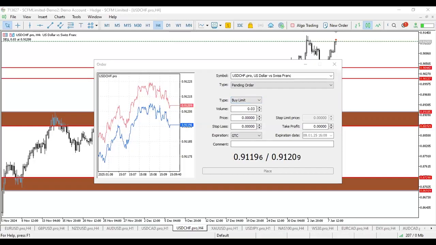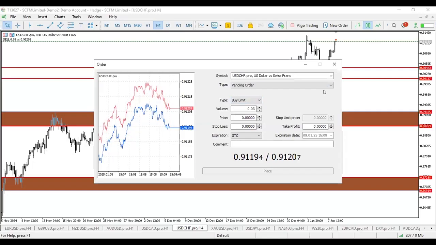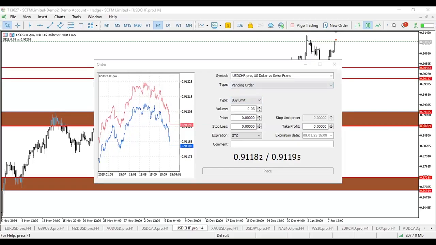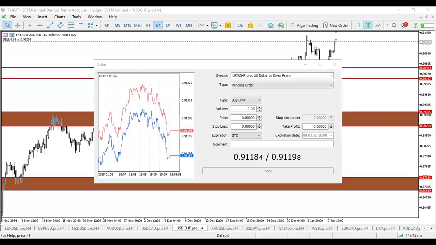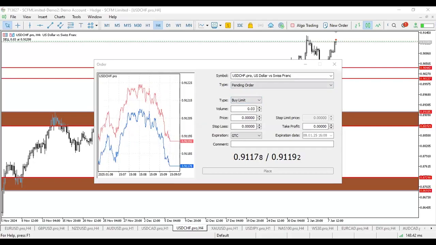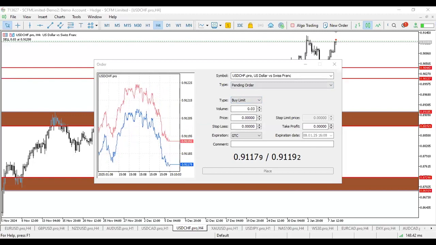Or maybe before even starting with that, I should explain what a pending order is. A pending order is an instruction given to a broker to execute a trade at a specific price level in the future, rather than at the current market price. You've seen the one that you had on market execution.